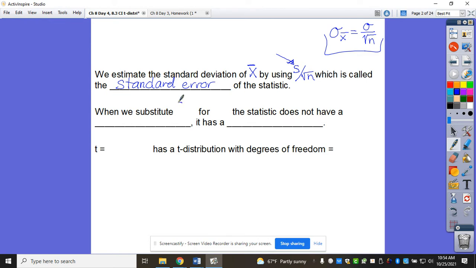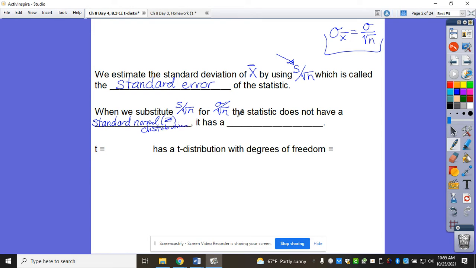So when we substitute using standard error instead of standard deviation, the statistic does not have a standard normal, which is Z, distribution. You just write Z distribution if you want to.